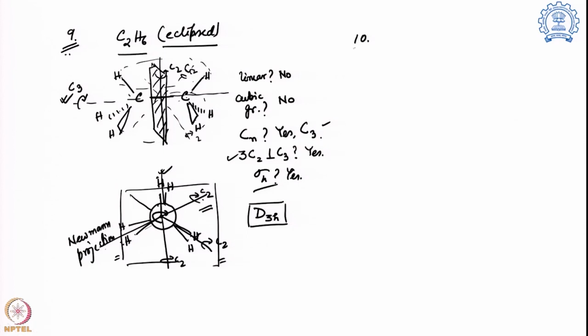Now, the last example of this system is cyclohexane, and we are going to draw the chair form of it and try to find out the point group of this molecule.